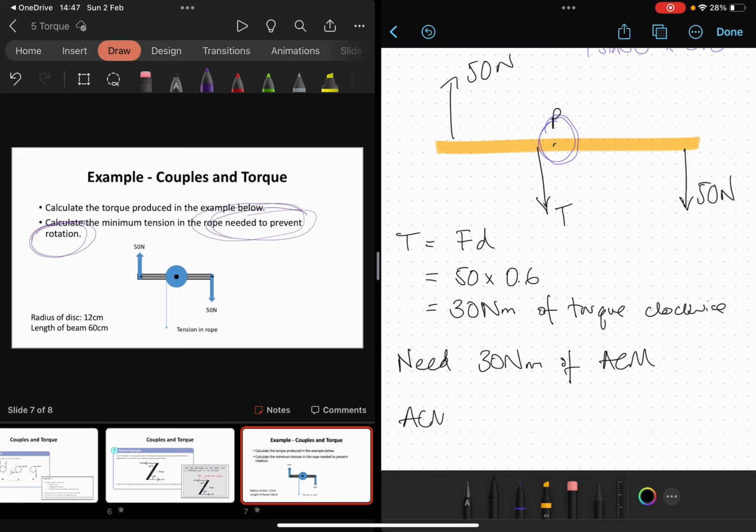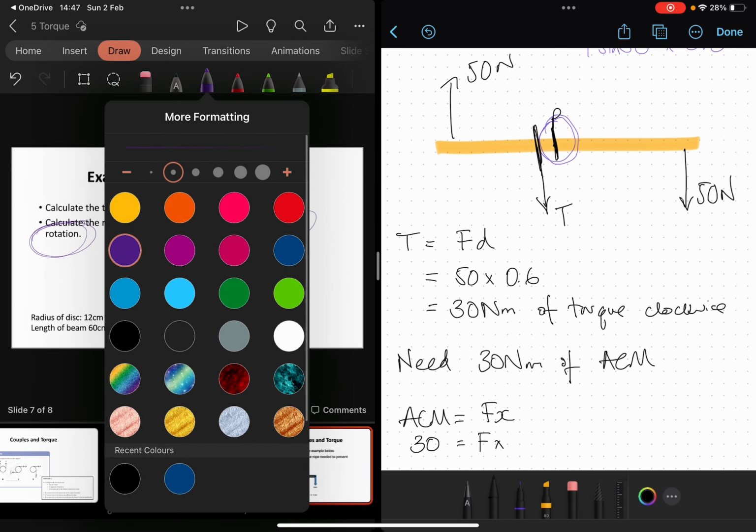So how do we work out the moment? It's Fx. Remember, got to be careful between our D's and our X's. So we've got 30 Newton meters of moment to provide from some amount of force on that piece of rope. And the X is the perpendicular distance from the line of action of the force to the pivot. That is the other piece of data, isn't it?